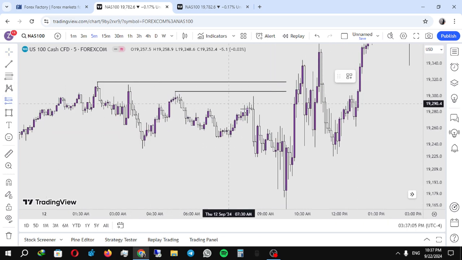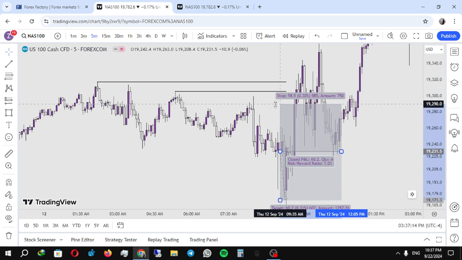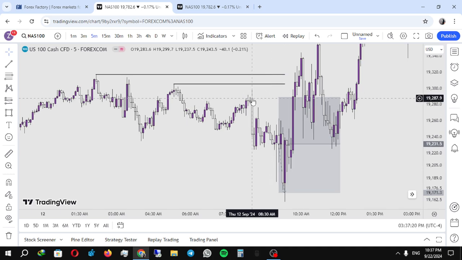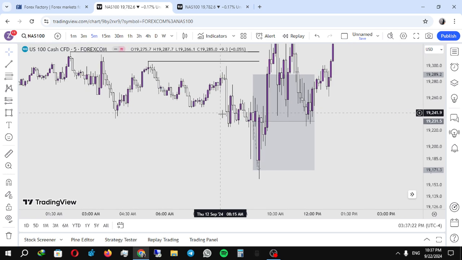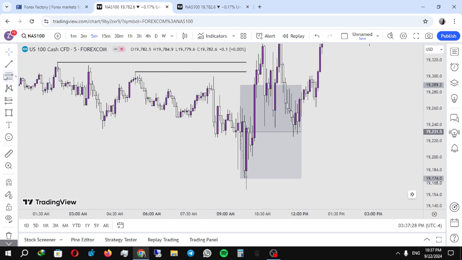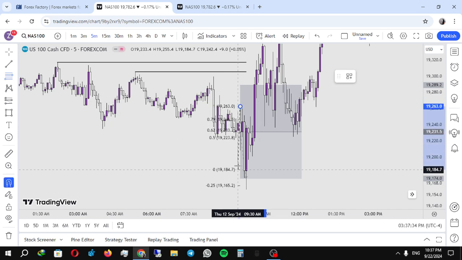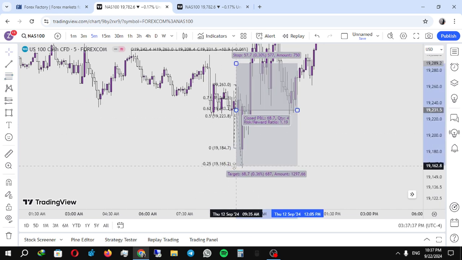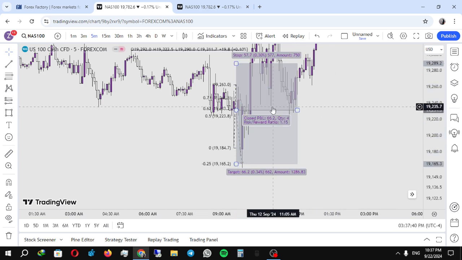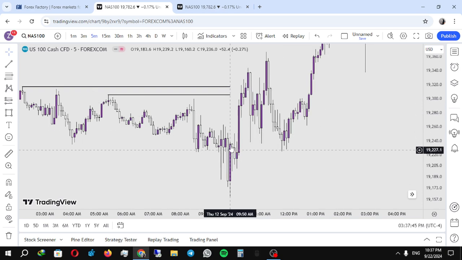That day I actually got into a sell right here. My stop was at the maximum, at the wick of the 8:30 PPI news. If we put a standard deviation of minus 0.25, my TP would have been right here at 1 to 1.15. I was satisfied with 1 to 1, and that's it, to be honest.